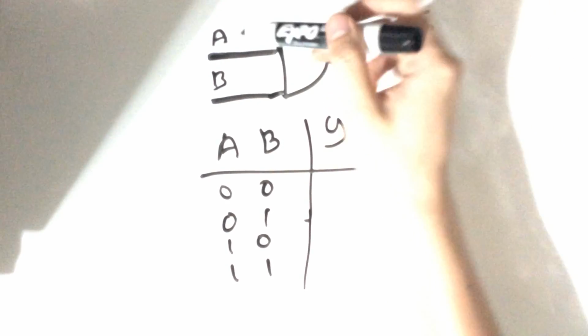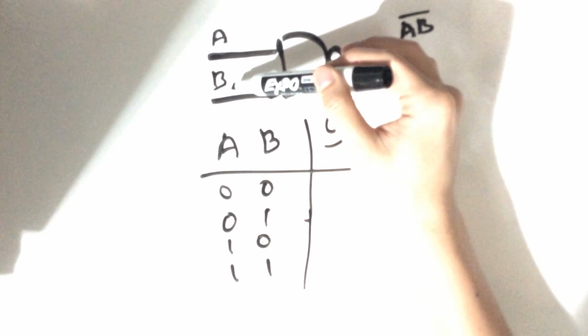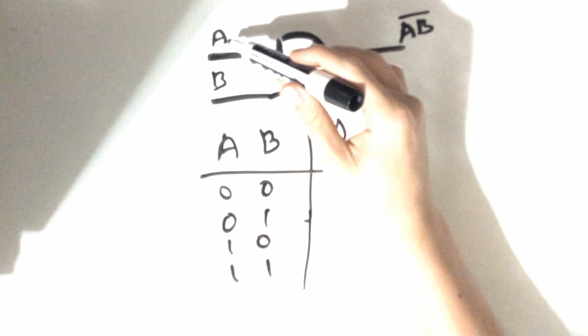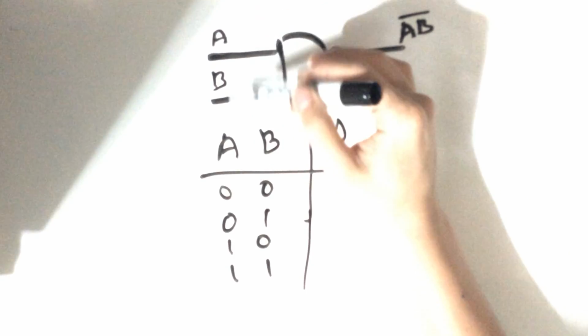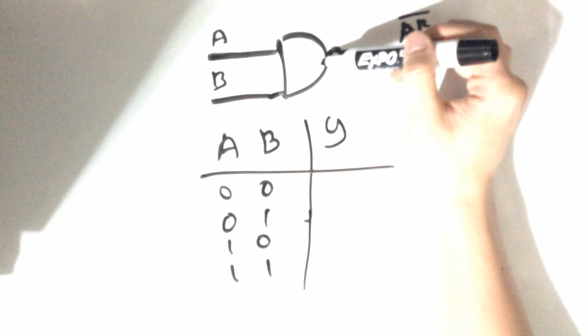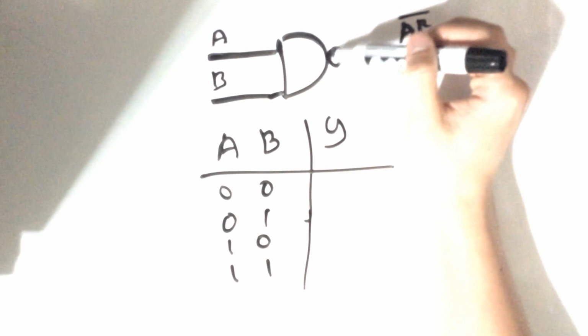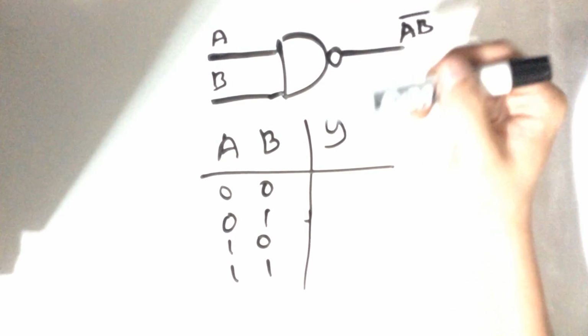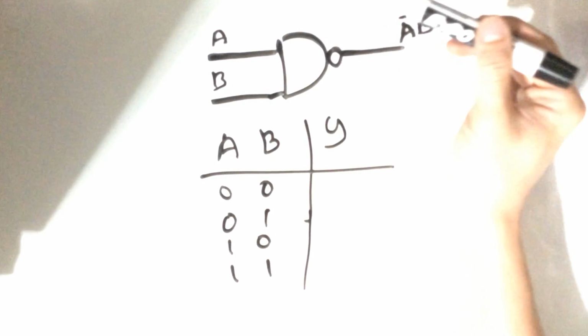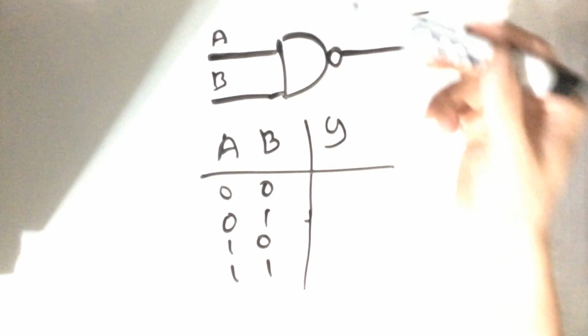So if this were a regular AND gate, if A were 0 and B were 0, this would give us a value of 0. However, with the inversion bubble right here, we're going to invert that value, so 0 would become 1 and 1 would become 0, vice versa.